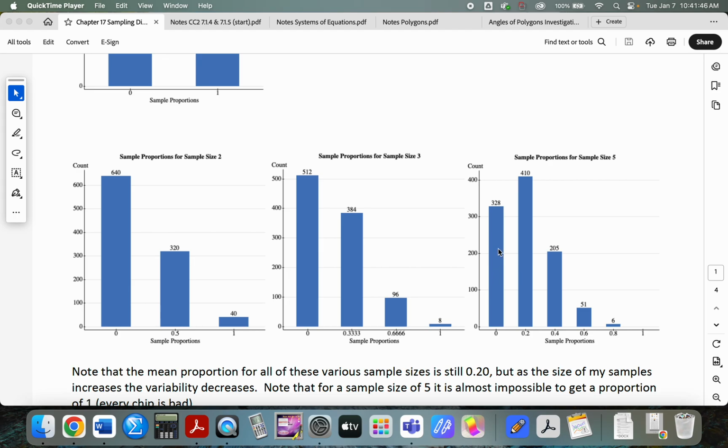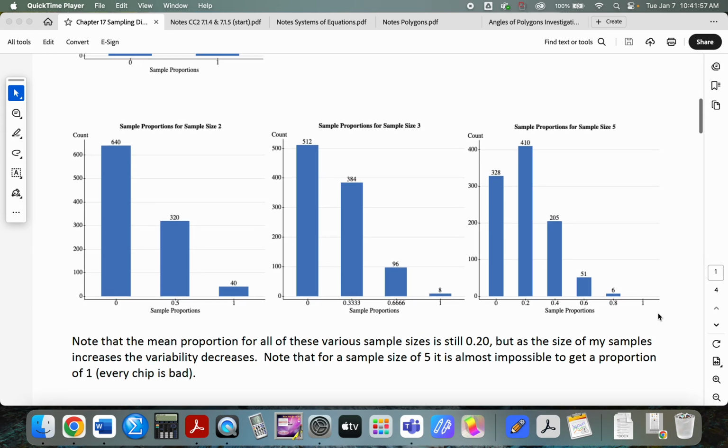So none of the chips defective is less than that, and notice that all the chips defective has basically disappeared. It's possible, it's just not very likely. So if we were to do a weighted average for these, it would always come out to be 0.2 still. But as the size of your sample increases, the amount of variability actually decreases.